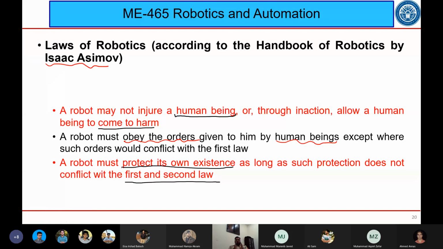So a robot should not harm somebody to protect its existence. ये वो वाली चीज है जो हम बात कर रहे थे शुरू में कि रोबोट can take over the human beings. तो with this law कि रोबोट इंजर नहीं करेगा, अपने आप को protect करे, तो वो actually self destruct नहीं करेगा अपने आप को.